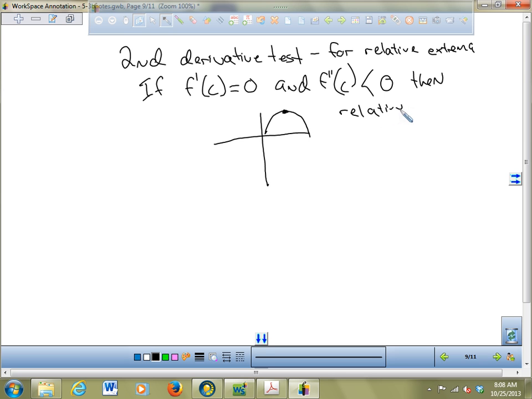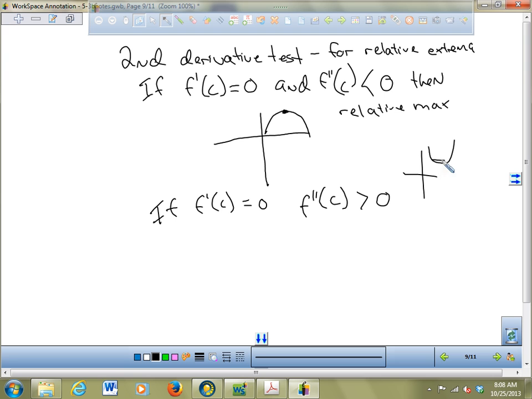The second part of the second derivative test says if f prime of c is equal to 0, so it's a place where the slope of the curve is equal to 0, and the second derivative is bigger than 0, that means it's concave up and the slope is 0, so what do I have? A relative minimum.